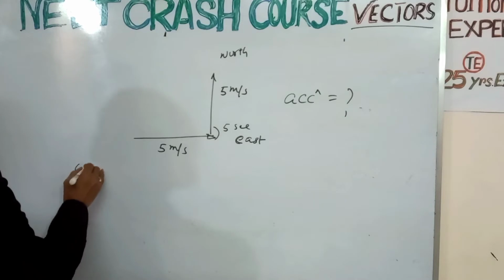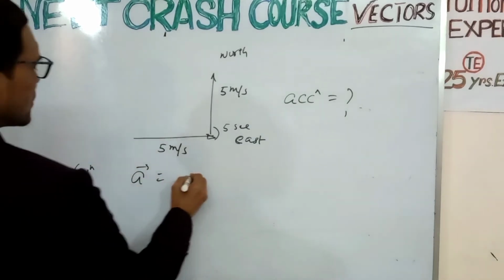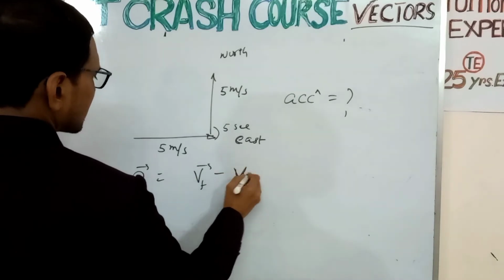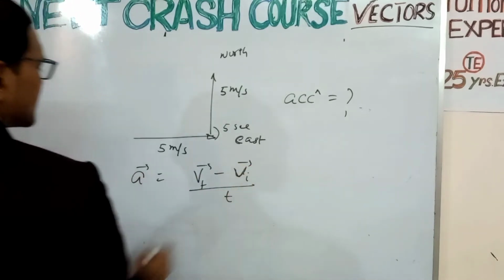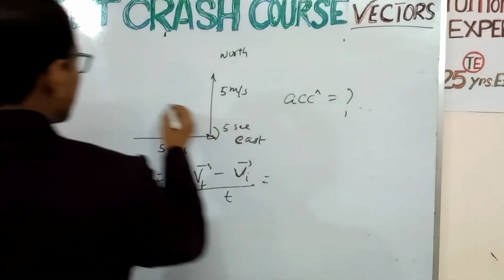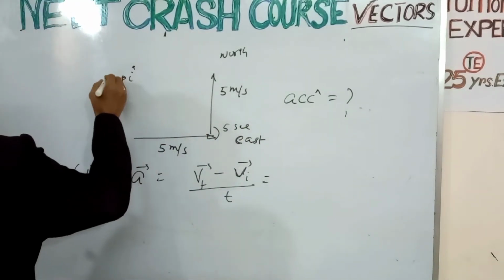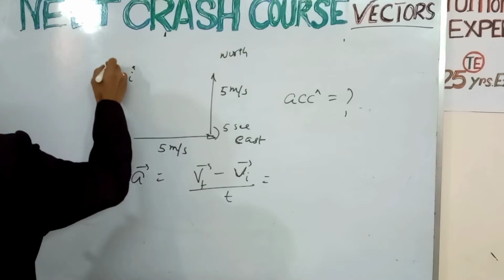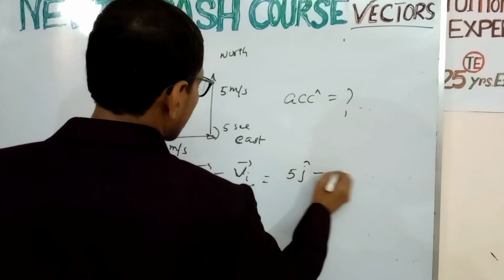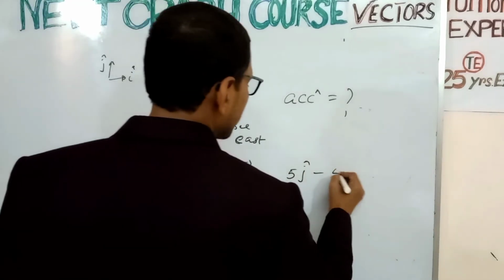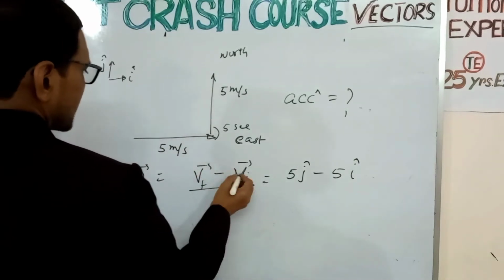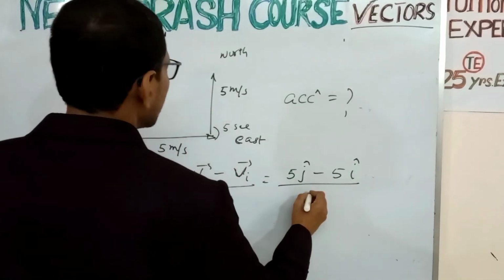The solution becomes: we know acceleration equals final velocity minus initial velocity by time. We have to write this in vector form. Now what is the final velocity? If we take unit vector i along the x axis and unit vector j along the y axis, then v final will be 5 j vector minus the initial vector 5 i vector, divided by time equal to 5 seconds.